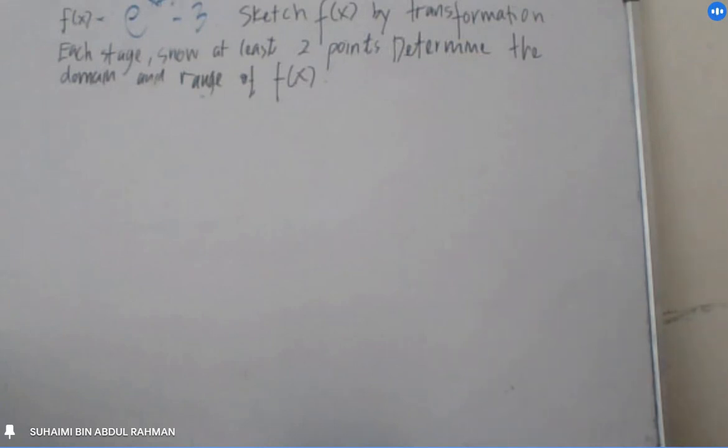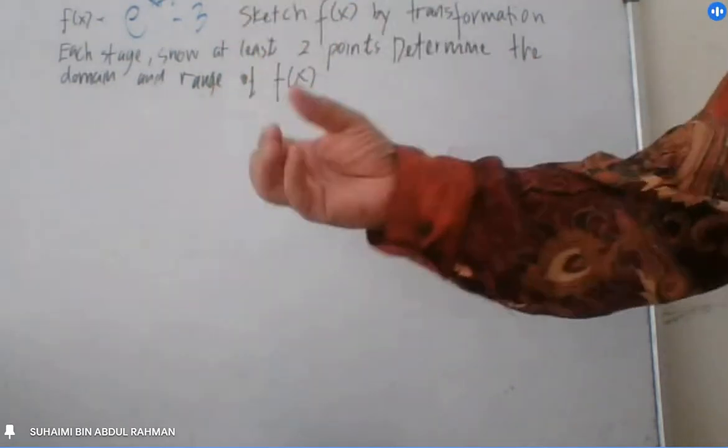Okay, which type of function do we need to start with? Exponential function. Which one? Because for an exponential function, we have two shapes of the graph.